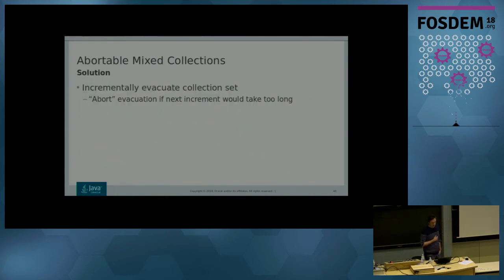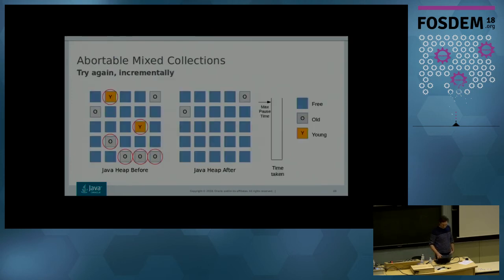So the solution that we follow here is to incrementally collect the collection set and abort the evacuation if the next increment would take too long. It's easier to predict the evacuation time for smaller parts of the heap than for larger. So how would that look? The same collection set, and G1 starts by collecting the young regions.